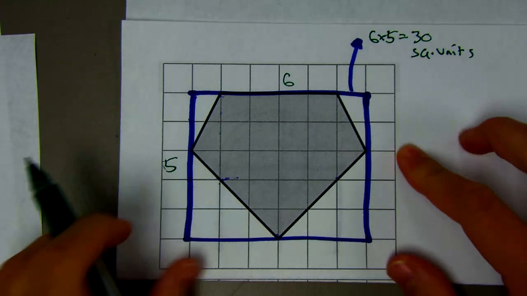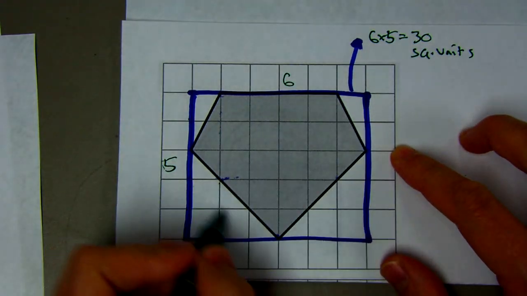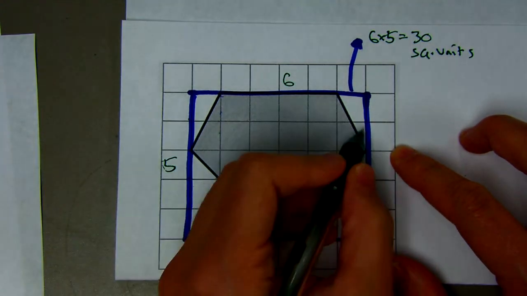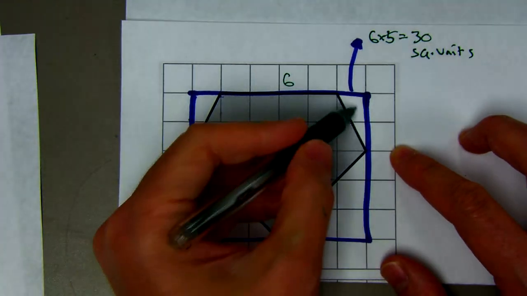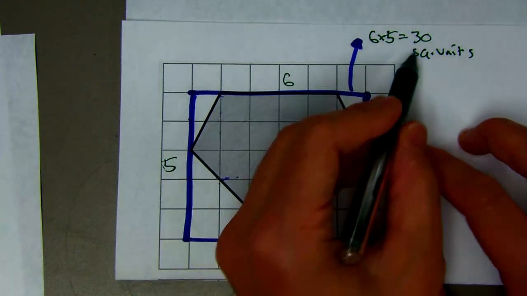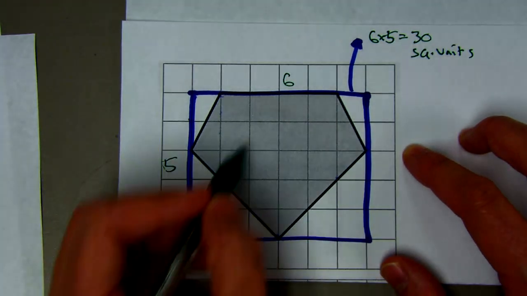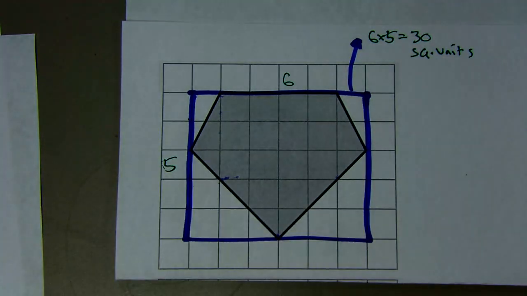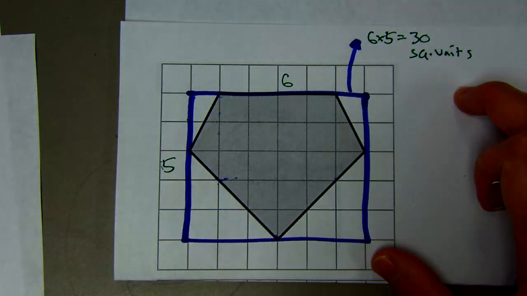So as I was saying, if you can just figure out how much is in these white spaces outside of this figure, you could subtract the white spaces from this 30 square units that is in the entire rectangle, and then what you'd have left is what's in that shape, the gray area. And as you can see, I've got 4 triangles here.